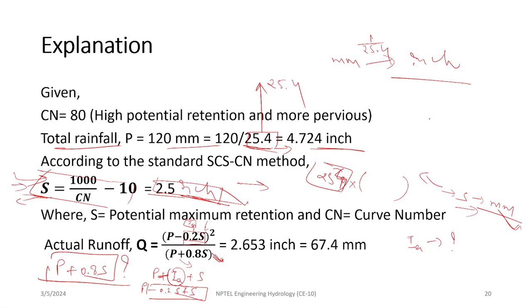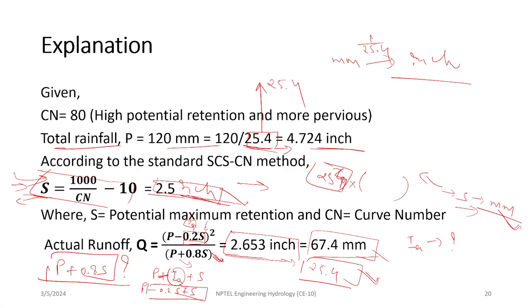I got 2.653 inches. Good. Now you have to multiply by 25.4, and you get 67.4 mm. Okay, correct. Ma'am, what about you? Just a minute, I'm calculating.